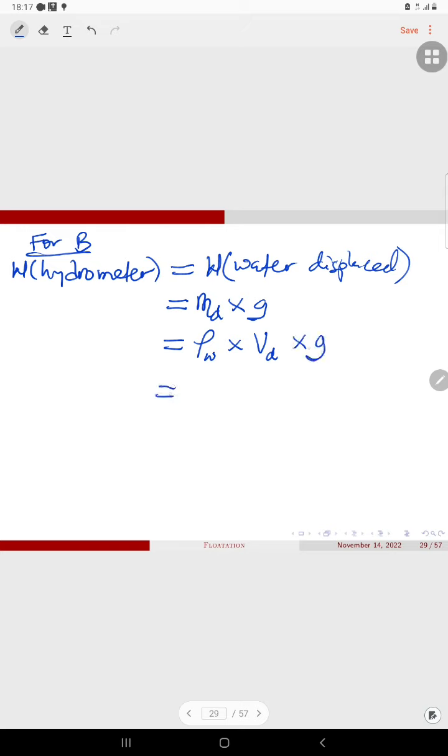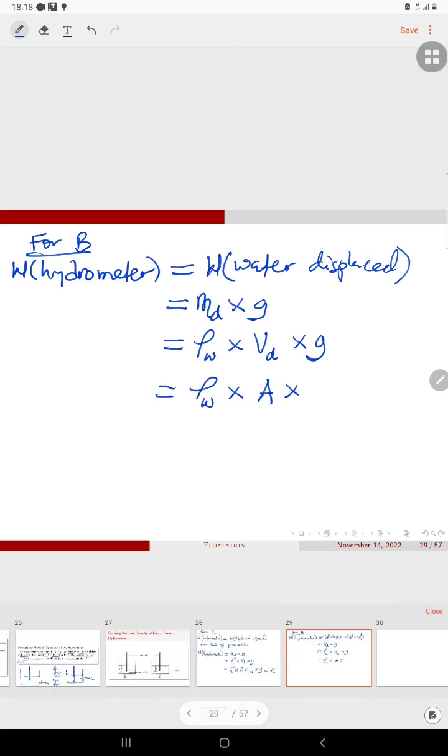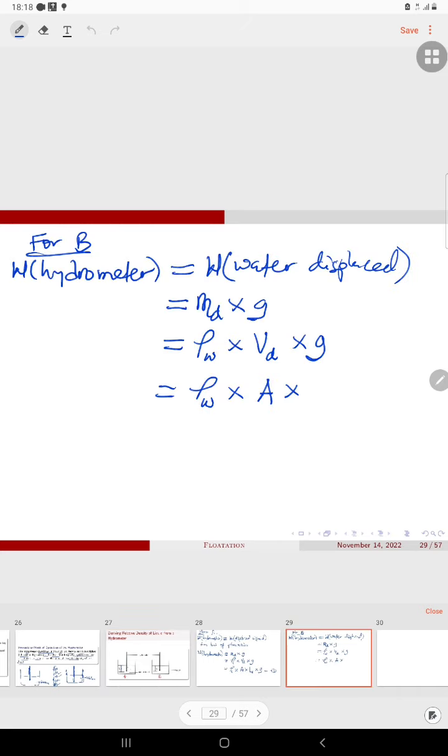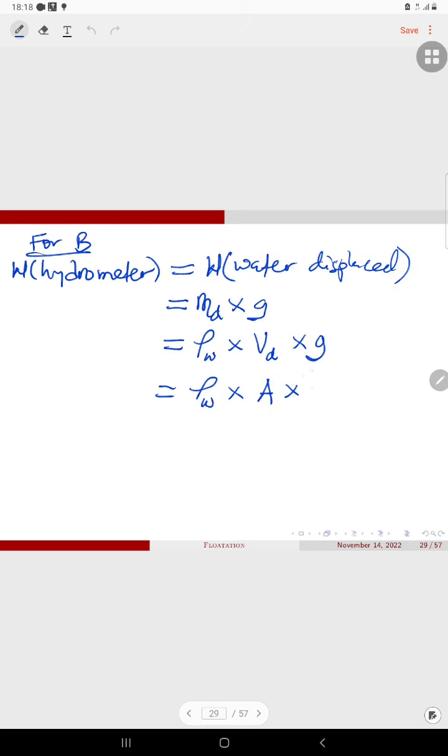This can be rewritten as the density of water times the cross-sectional area of the hydrometer times LS. Here our LS becomes LW, the length of the submerged part in water, times g. Let me call this equation 2.